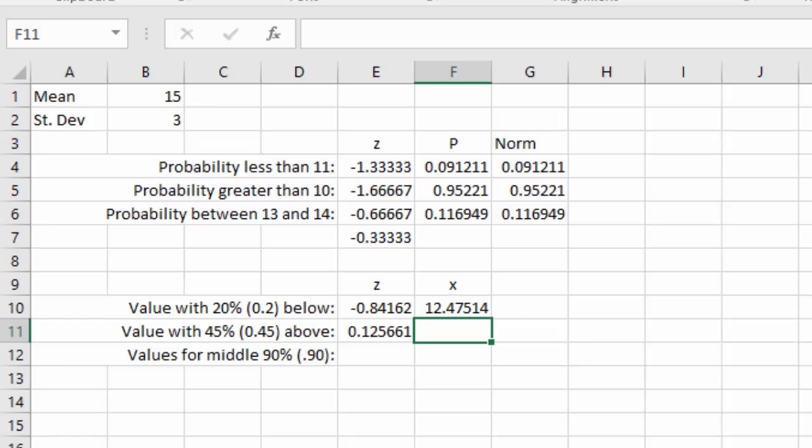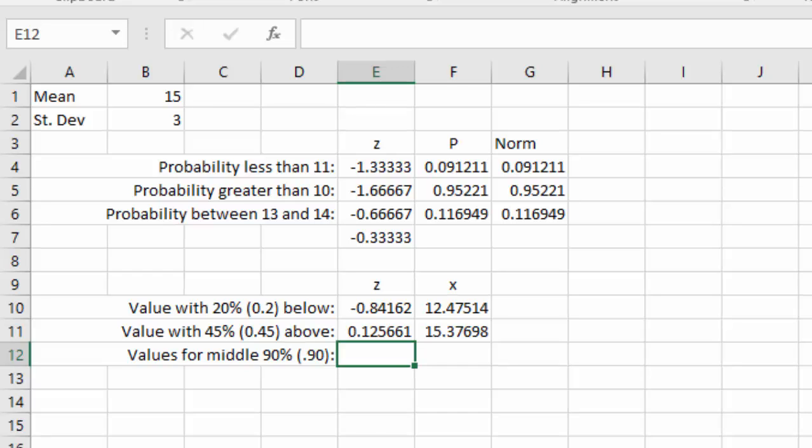And you'll see that's equal to a z-value of 0.12. Again, to get the x value, we'll say equals the z-value times the standard deviation of 3 plus the mean of 15. 45% of the data will be above 15.37.